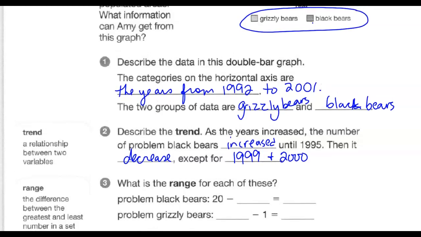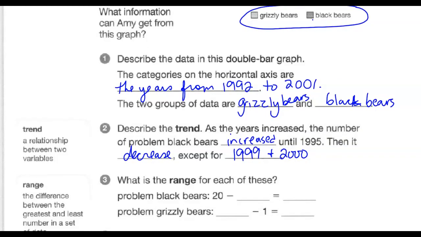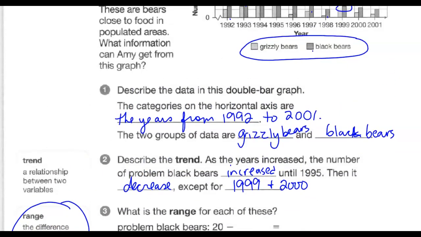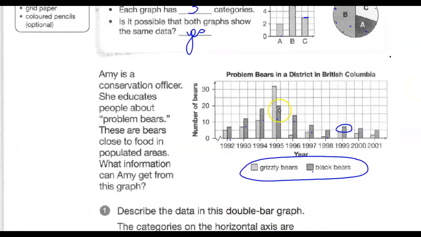Okay. What is the range for each of these? So the range is the difference between the highest value and the lowest. It gives you a little definition on the left here, the difference between the greatest and least number in a set of data. So for problem black bears, it tells you the biggest is 20, okay?